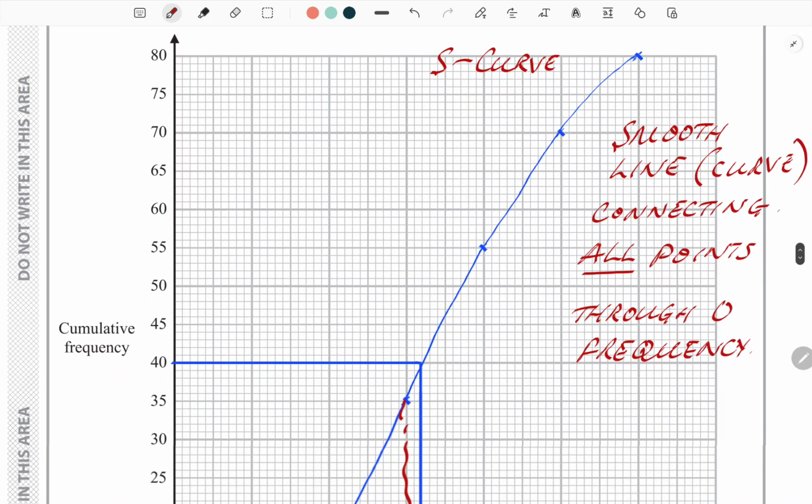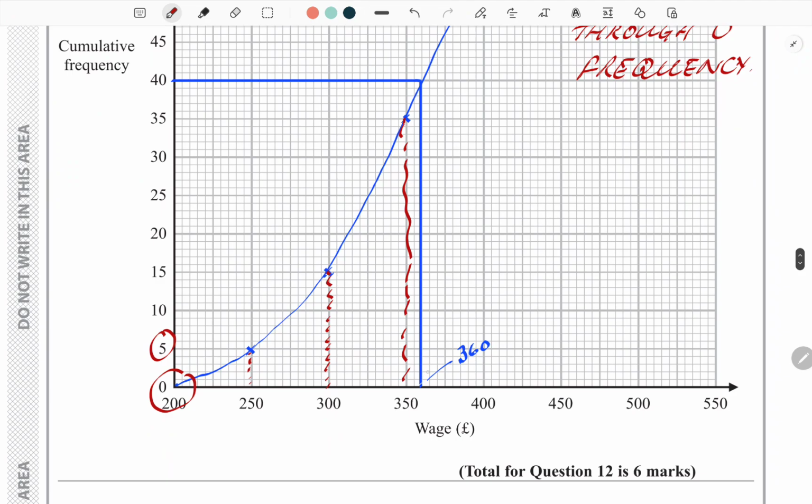The 360 actually comes in here. So if you start at 360, hit the graph at that point, and you read off the cumulative frequency, it's actually 40.